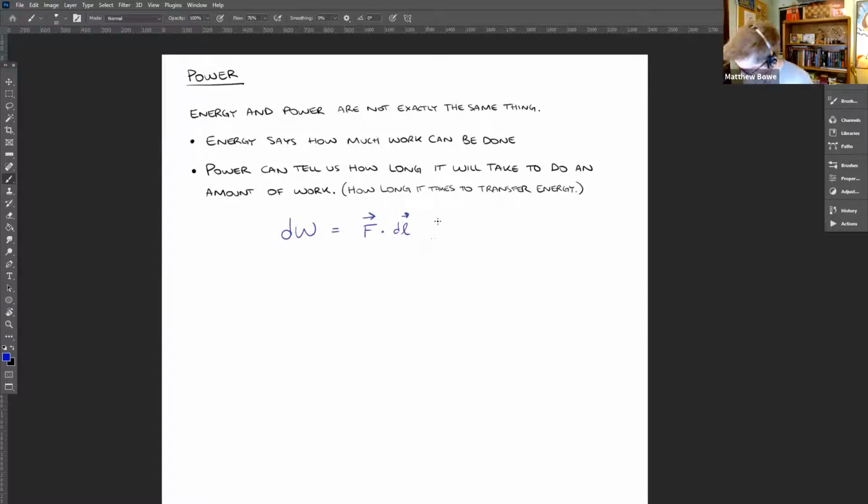This is equal to a little displacement. If we sort of time this thing, a little displacement with a little slice of time, that's just force times, that's basically the velocity of this thing times that little slice of time. So how quick was it moving?